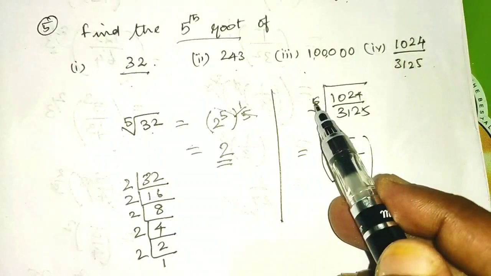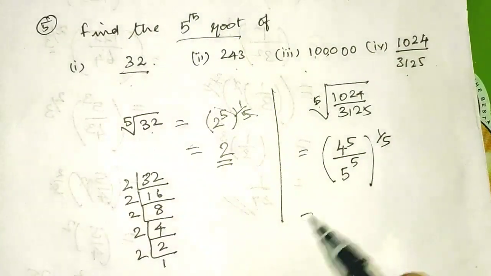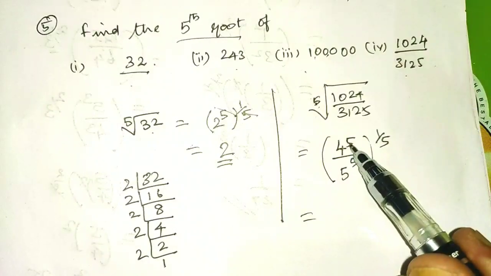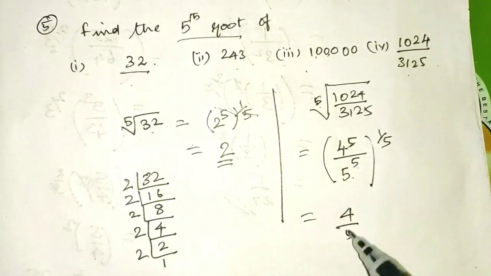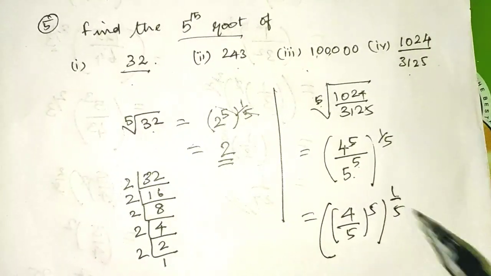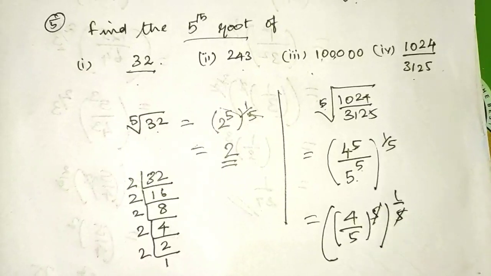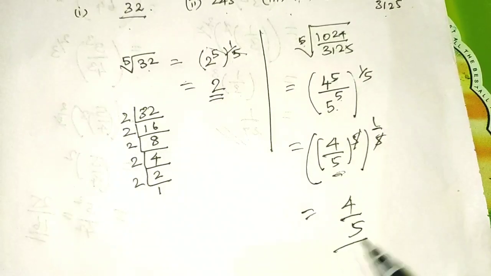The fifth root can be expressed as a fractional index 1 by 5. So this numerator and denominator have the same power. So I am going to write this as 4 by 5 whole power 5 whole power 1 by 5. Here this 5 gets cancelled. We will get the base as 4 by 5. This is the answer. On this connection, we are going to see the next topic, surds.